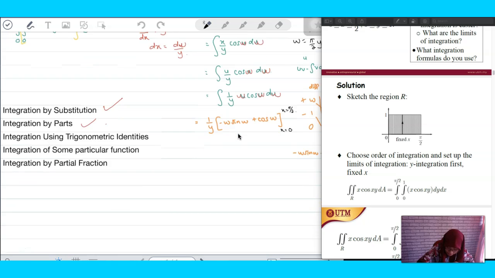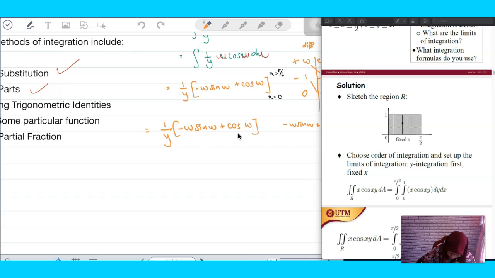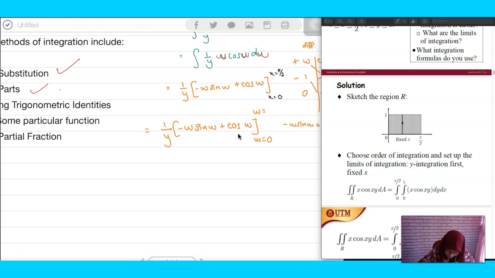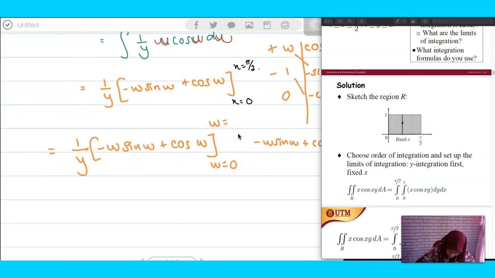So now here negative w sin w plus cos w, our w from 0 to w equal to pi over 2y.